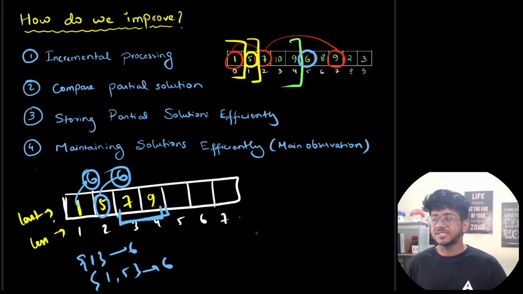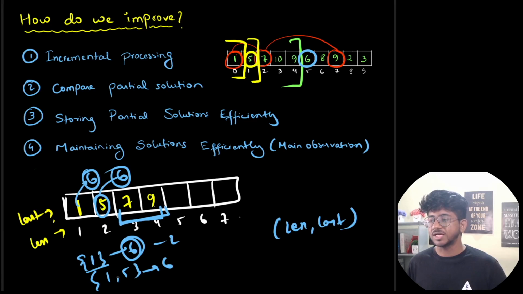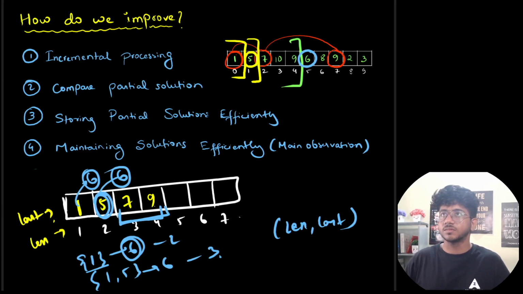The ending point will be the same. Note that the thing we consider is the last. After extending, the last is going to be 6 only, but if you extend just 1, you will have a length 2. If you extend 1, 5, you will have a length 3. So it's better to get higher lengths, as we observed. So we will always extend this one because it's always a valid state. So we'll extend with 6.